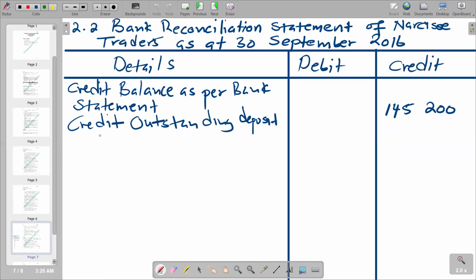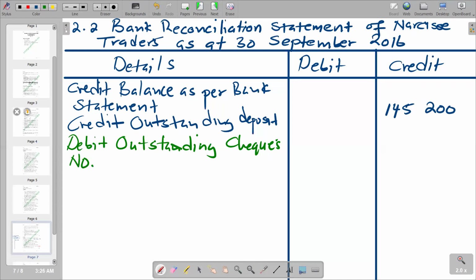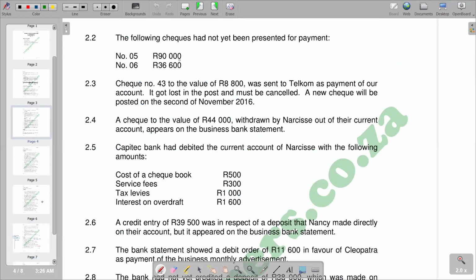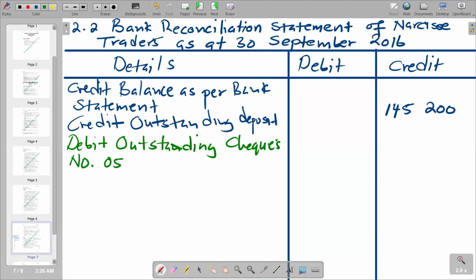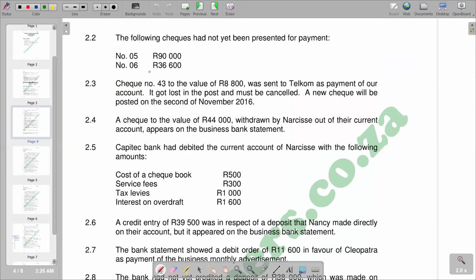So come here and we now become outstanding checks. You'll see that we have check number 05, 90,000 rands. Next one is check number 06, which is 36,600.